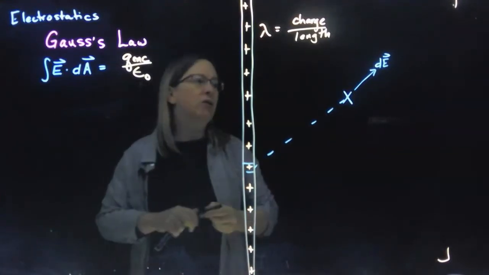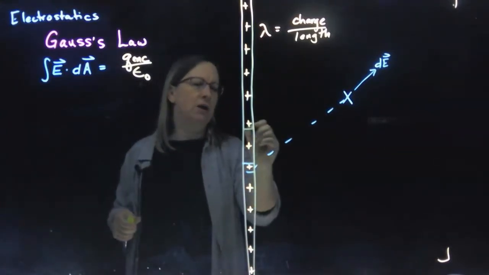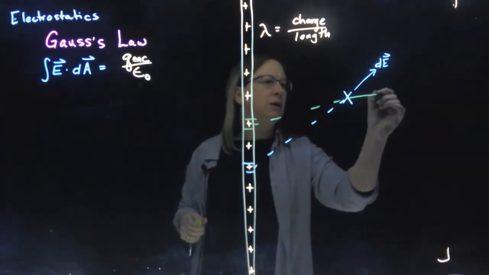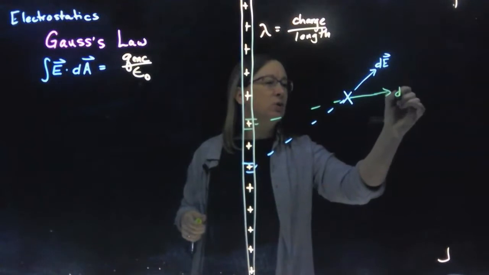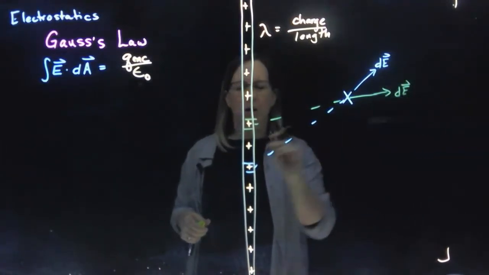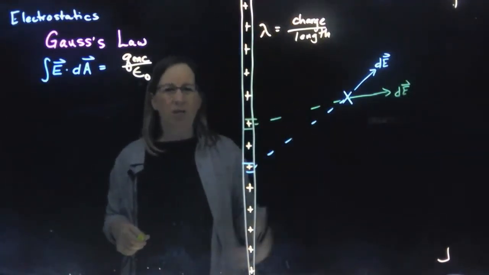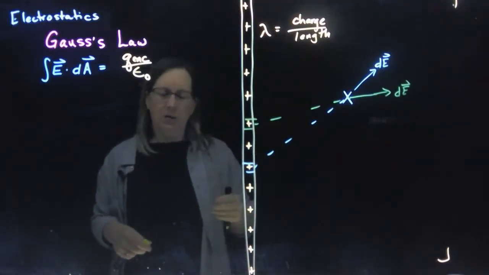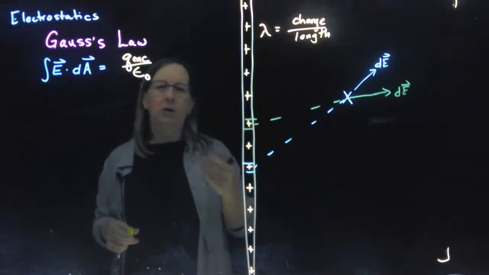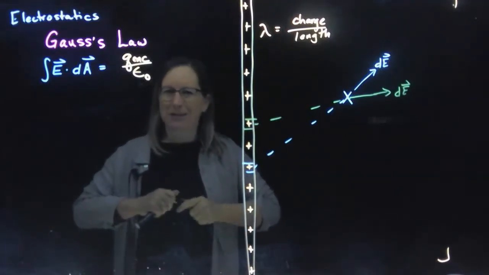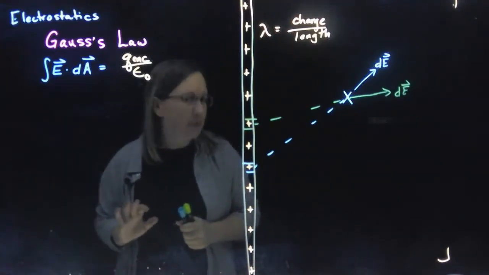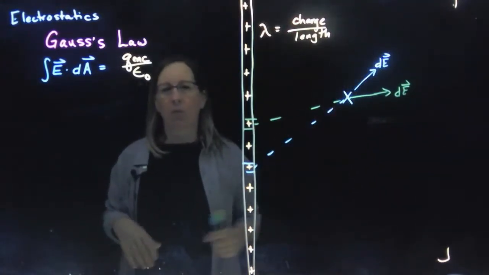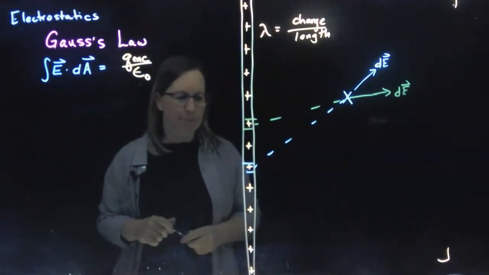And if I have another little bit of charge, right here, then that gives me an electric field that points in this direction. It's a little closer, so this gets bigger. And so forth. And we add all these vectors up, and we do some kind of integral, and everything is fine, except the integral isn't easy to do. And I promised in the last video we were going to avoid doing the integral.